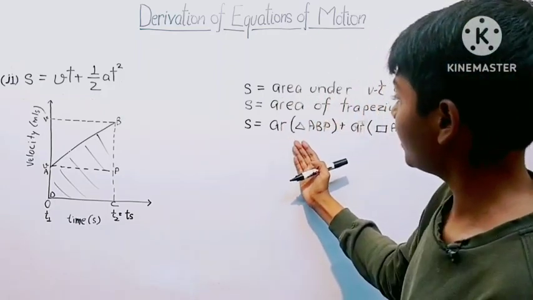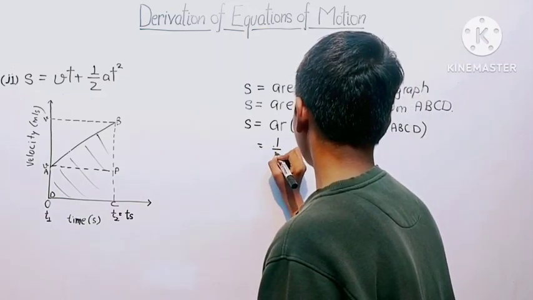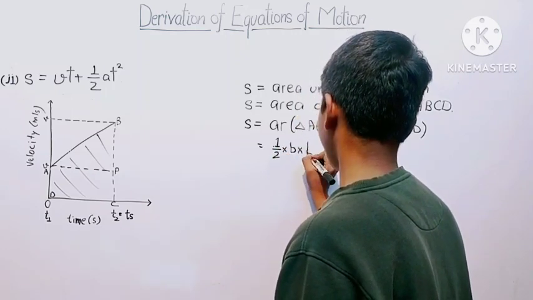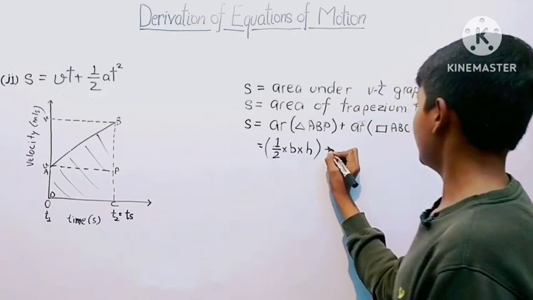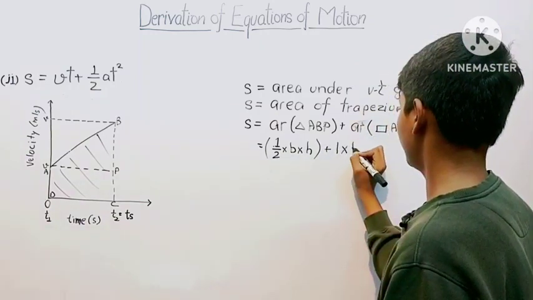So we know that the area of a triangle is equal to half into base into height, and the area of a rectangle is equal to length into breadth.